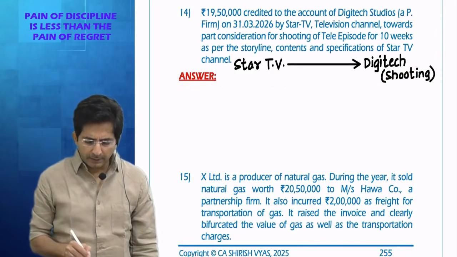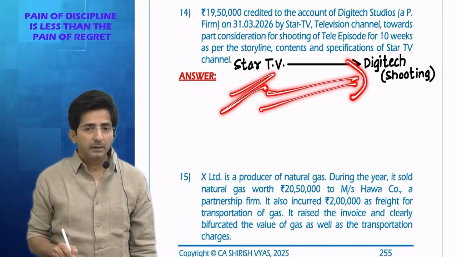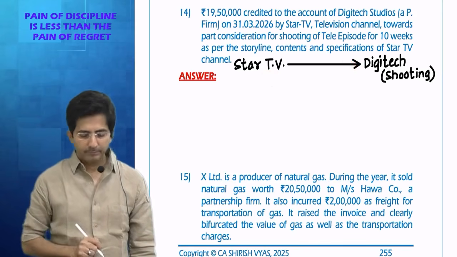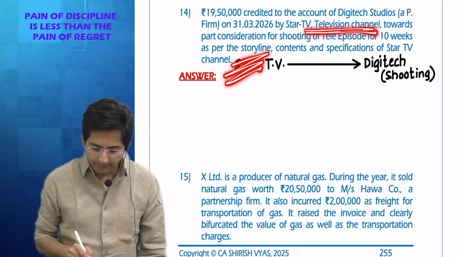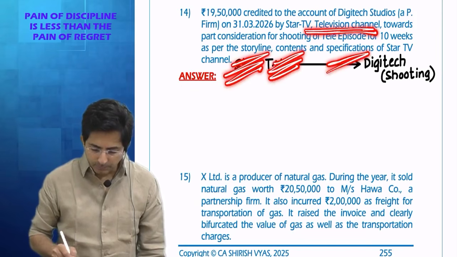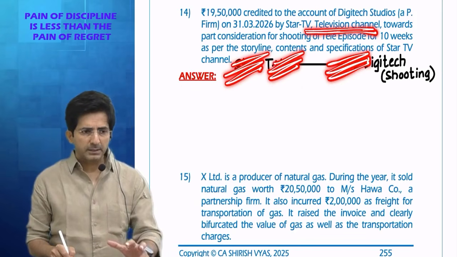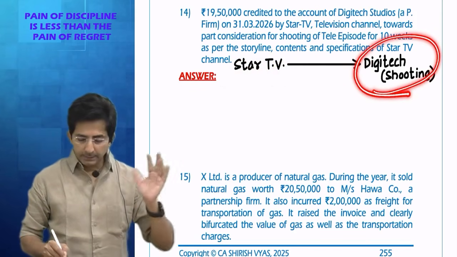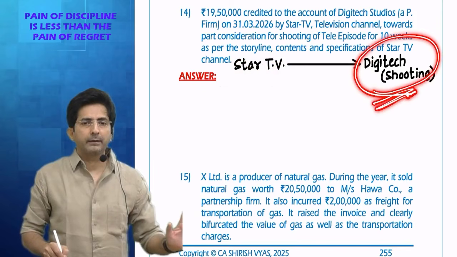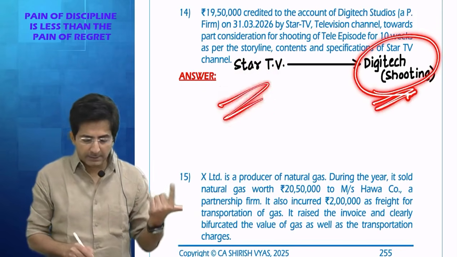And here they have clearly given that Star TV has provided the storyline, content and specification, and according to these, shooting will be done in Digitech Studio. Digitech has to do the job of shooting, but according to the storyline, content and specification given by Star TV.